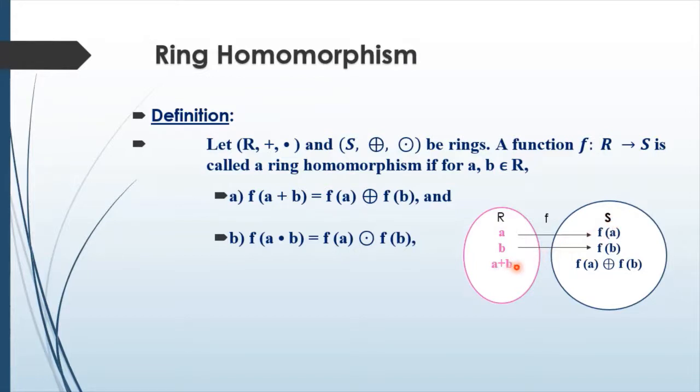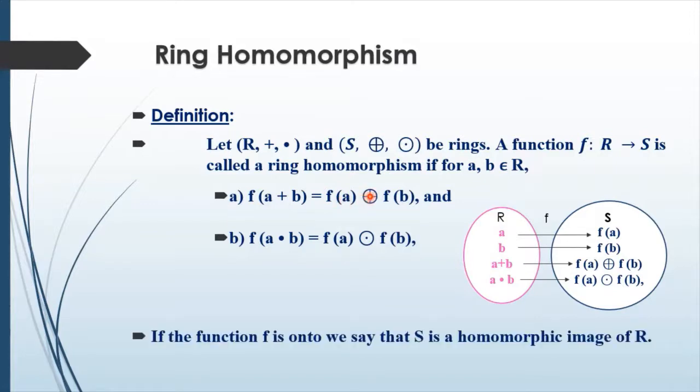This A plus B should be mapped to this element f of A plus f of B under this mapping f. Similarly, A dot B should be mapped to f of A dot f of B. Only if these two conditions hold for each pair of elements A and B, then f is said to be a ring homomorphism.